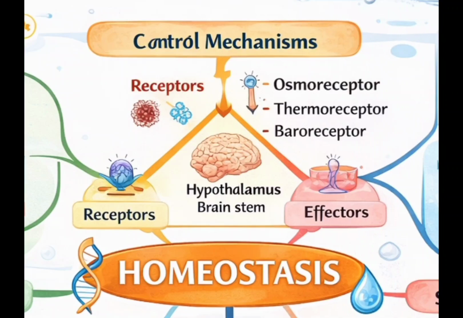The same mechanism works here also: first all the stimuli travel and reach the hypothalamus. The control centers are mainly located in the hypothalamus, brainstem, and the endocrine glands. They receive the signals and decide the responses. After that, the effectors of these actions are the muscles, glands, kidneys, and blood vessels.